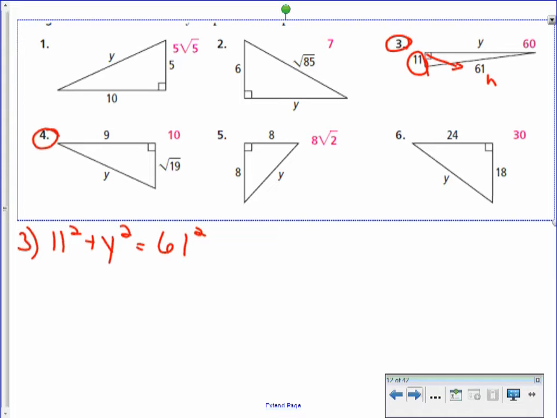Throw me paper out if you can. So we have 121 plus y squared equals, I don't know what 61 squared is. Very good. So then we need to subtract 121.